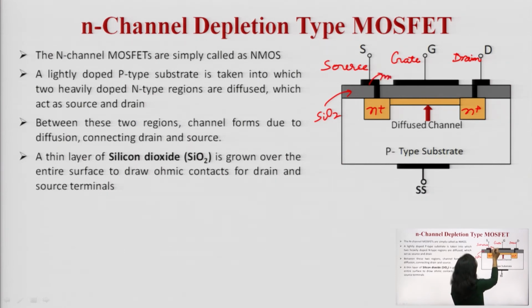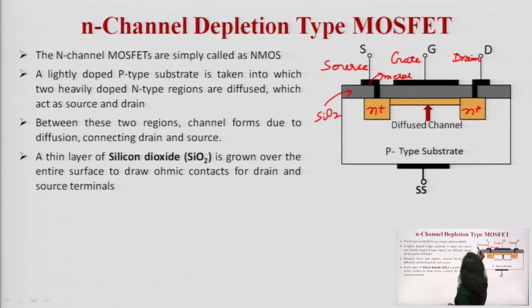This is the metallic contact. In some of the cases, the source and substrate are internally connected. So that can be viewed as 3 terminals. Here you can view it as 4 terminals. The 4 terminals are named source, gate, drain and substrate, right?